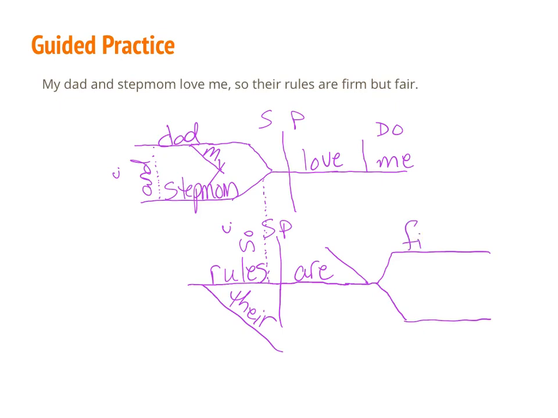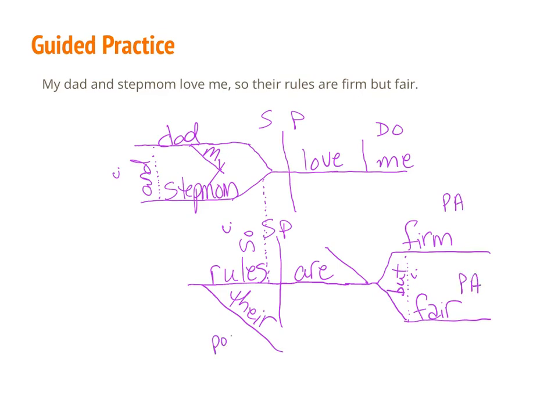So firm is an adjective. Fair is an adjective. They're both describing the rules. So firm but fair. And I did forget one more dotted line here. I need to add the word but, which is also a conjunction. And then these are predicate adjectives.